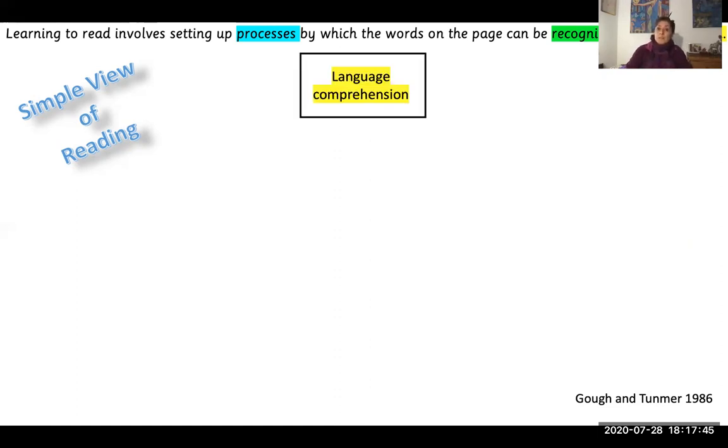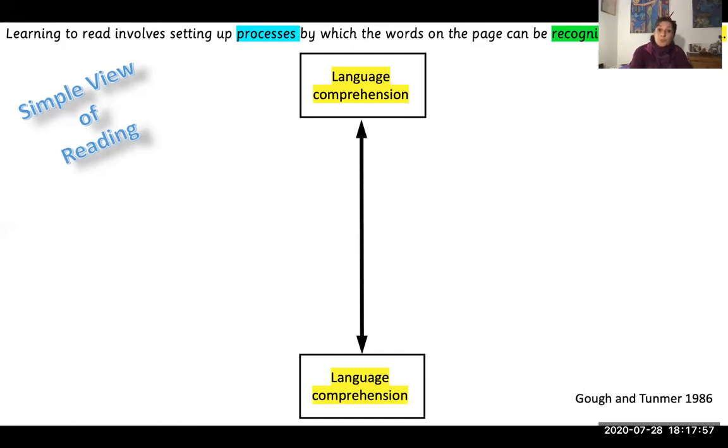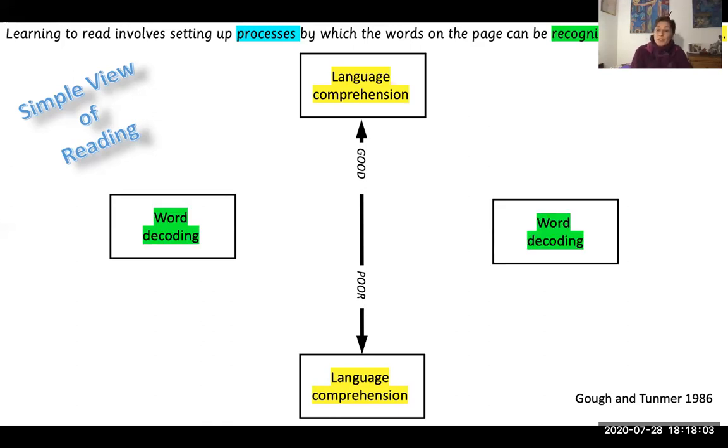One process is language comprehension, that has to do with understanding the oral language, and that can be good or poor. The other process is word recognition, that is to say, word decoding, that is the technical part, that can be good or poor.